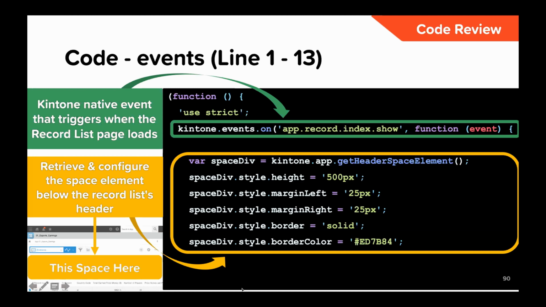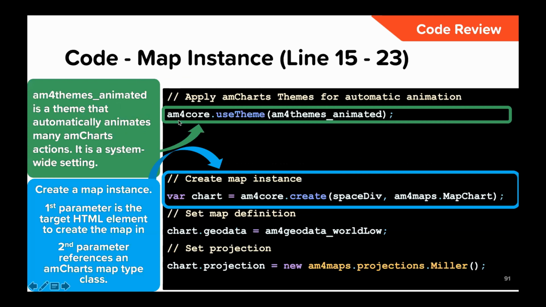So in the next slide, for example, we've got am4core. Where does this am4core come from? It's not in Kintone. We've created these scripts that we've referenced, and they've put their own objects in the global scope, and now we reference them. Makes sense. Okay, all right, cool. I was just trying to follow along. No, I think I got it.